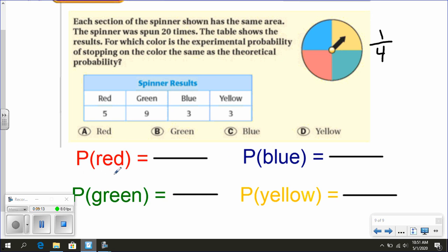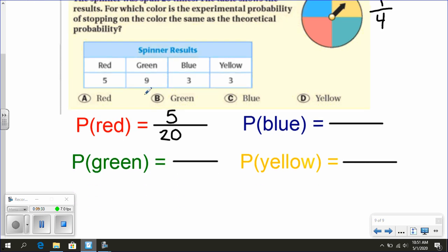So we want to see which one of these is going to equal 1/4. So let's start with the probability of red. Well, we see that it landed on red 5 times. Well, what was the total number of spins? Well, 5 plus 9 plus 3 plus 3, that equals 20. All right, let's move on to green.